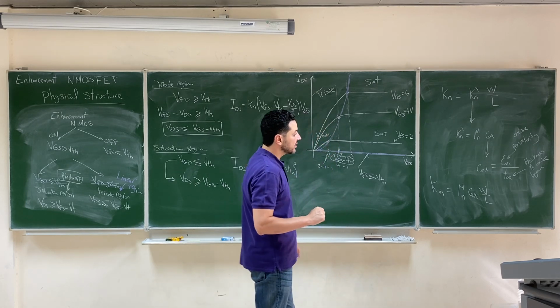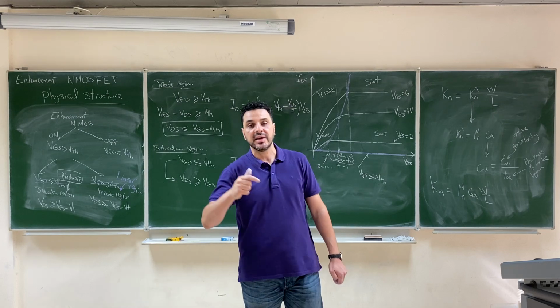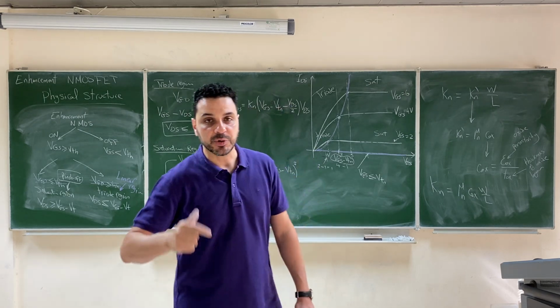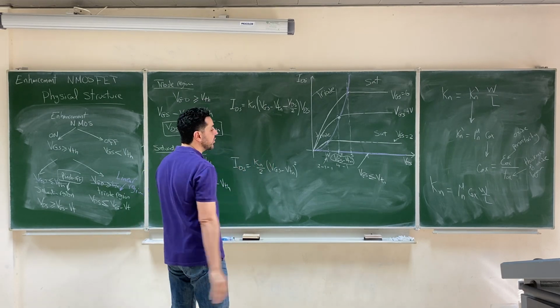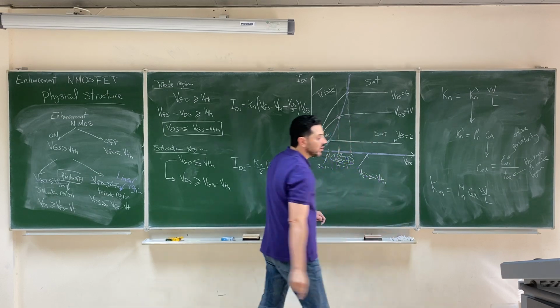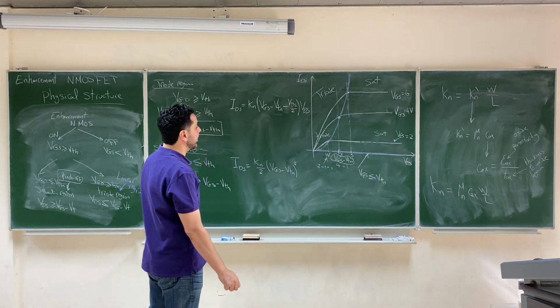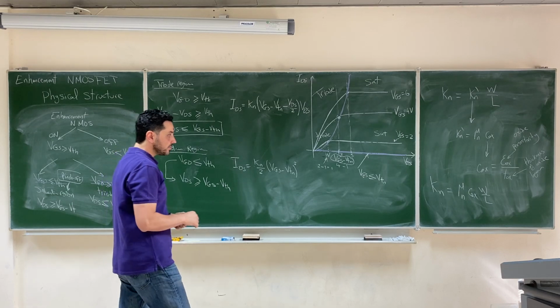So this is the constant Kn, mu n C oxide W over L. Again, don't be scared. With time, with solving many problems, you are going to remember it, along with the two equations here. So these are the three equations that you will need to memorize in order to analyze the DC circuits of the MOSFET.